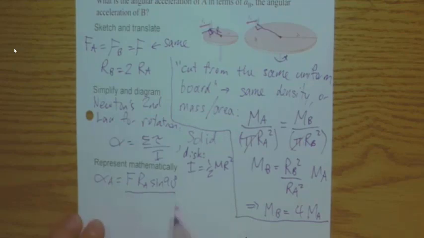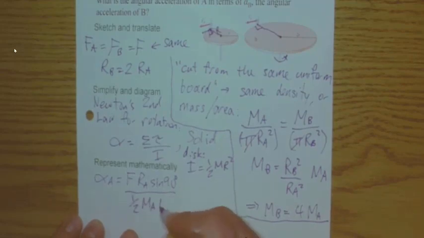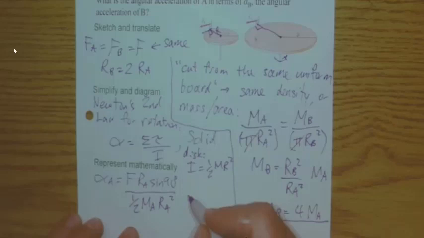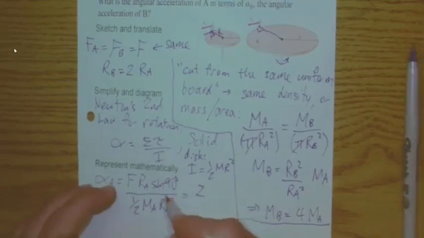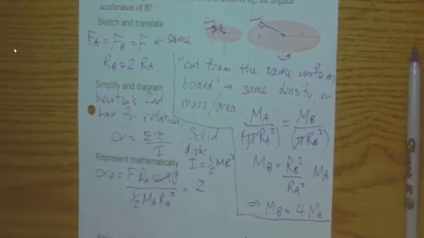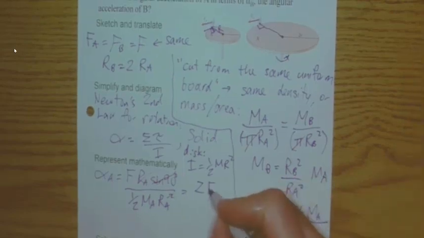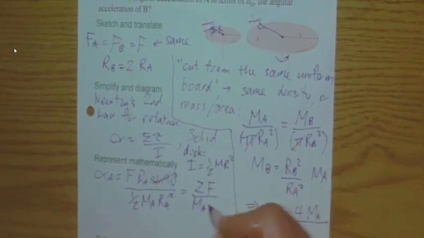Then divided by the rotational inertia, which is 1/2 MA times RA squared. You end up with this RA cancelling this, there are some cancellations, and I'll bring the 2 up to the top, so it ends up being 2 times F divided by MA RA.